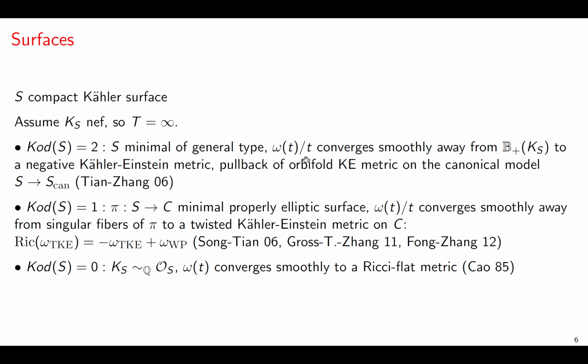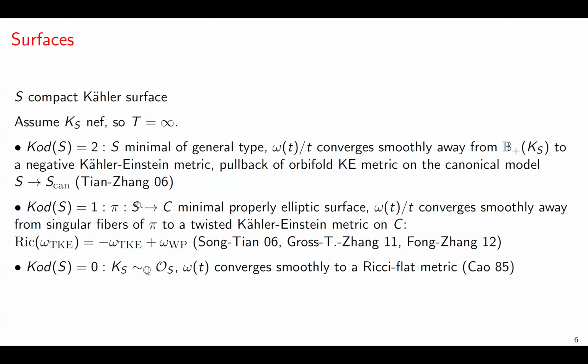And in fact, it turns out to be the pullback of an orbifold Kähler-Einstein metric on the canonical model S_can, which indeed only has orbifold singularities. So you have, again, some kind of uniformization theorem for minimal surfaces of general type. The limit is Einstein, negative Einstein. Since we are not on curves anymore, these are not necessarily hyperbolic metrics, but they are as good as you can hope for. And maybe I jump to the last one.